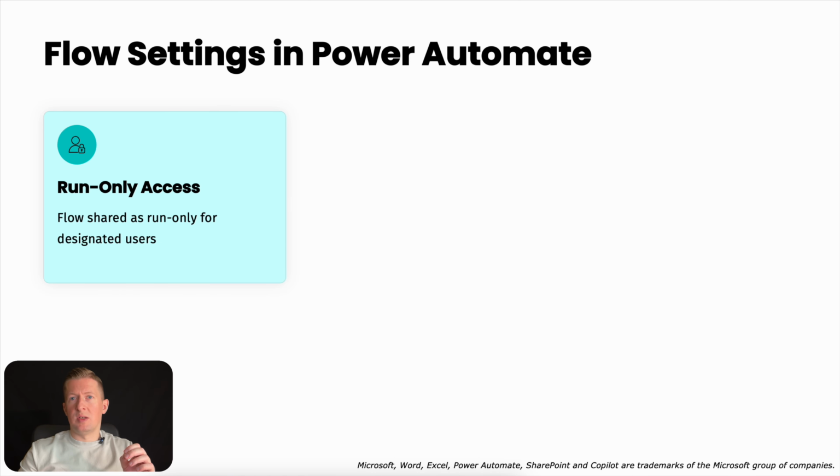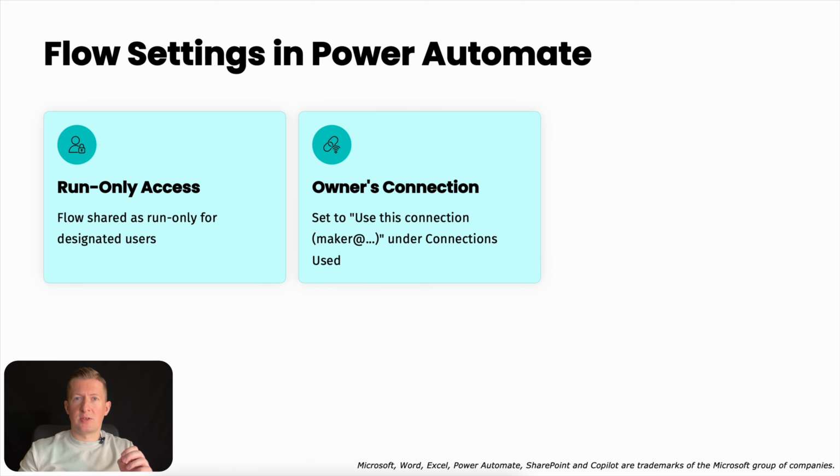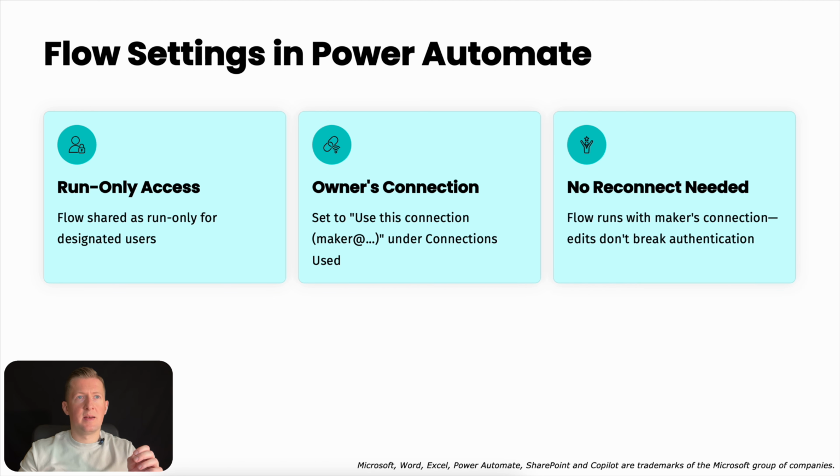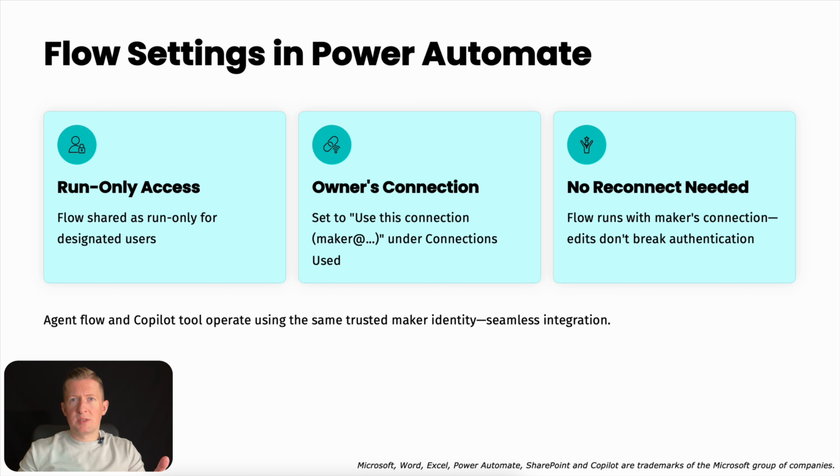This you can do at make.powerapps.com. The owner's connection or a stable connection should be selected for this setting, and then no more reconnection is needed after that. With these two settings, the agent flow and the Copilot tool operate using the same trusted maker identity. This means a seamless integration.